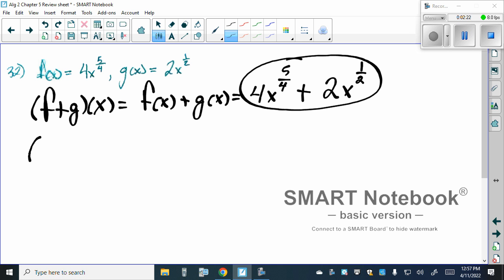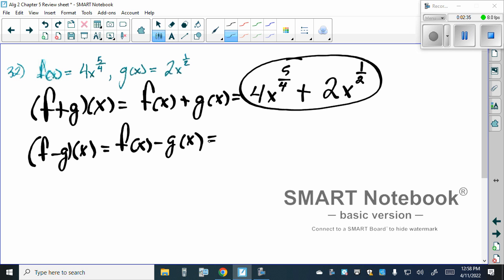Okay. Let's look at f minus g of x. Well, our f minus g of x is the same as f of x minus g of x. And again, f of x is still 4 times x to the 5/4. But this time we're going to have minus our g of x, which is our 2x to the 1/2.